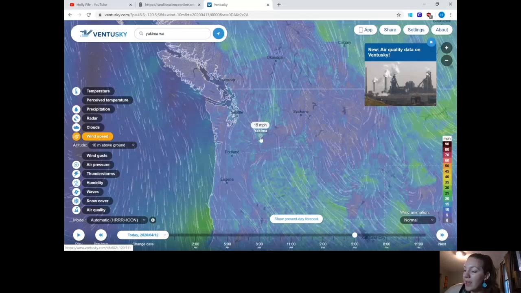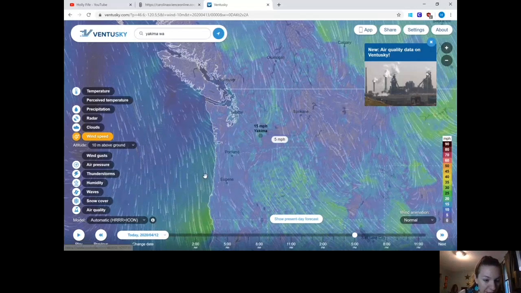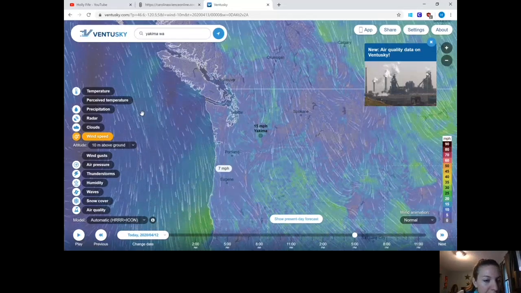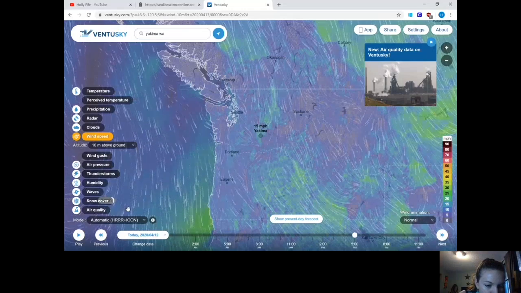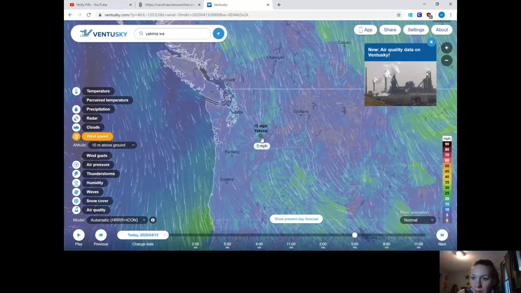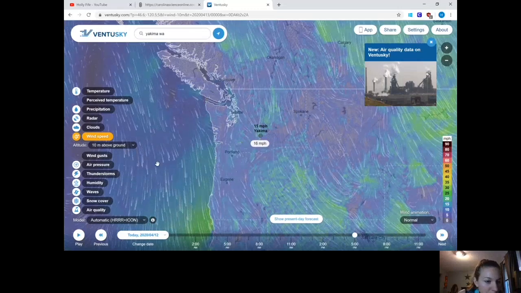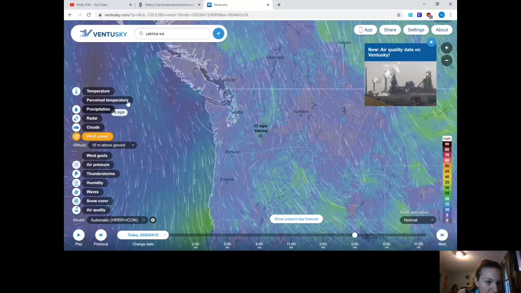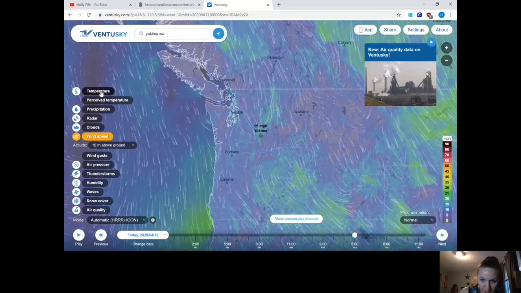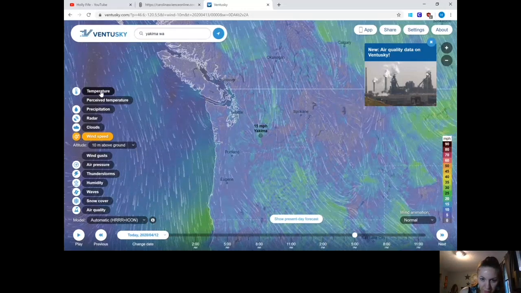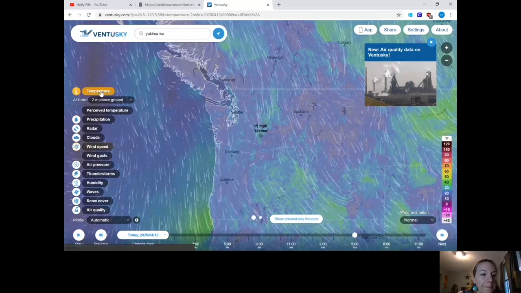So if I do the same thing, let's see wind direction, see if that changes anything. Let's see here. Wind gusts, altitude. Does it tell me wind direction? Precipitation. How about I'm going to make it easy on myself and see temperature up here.